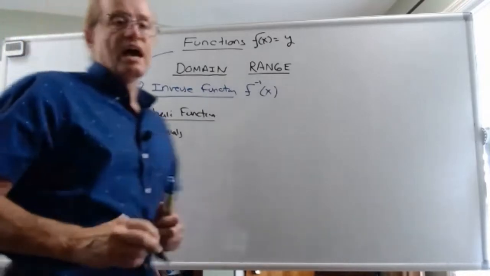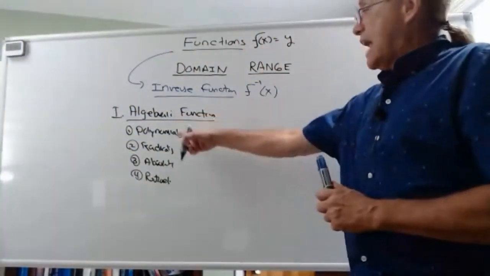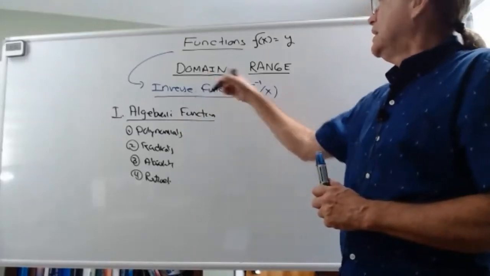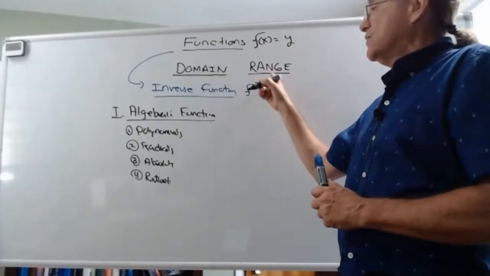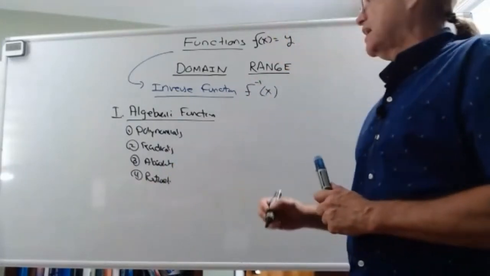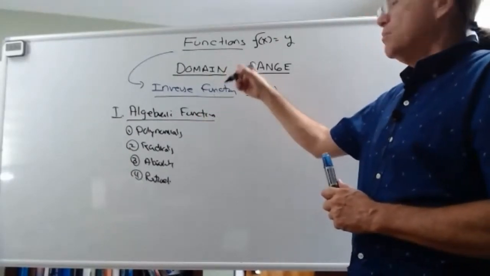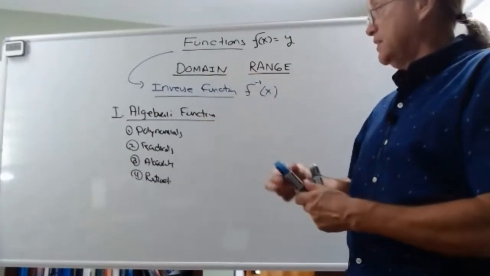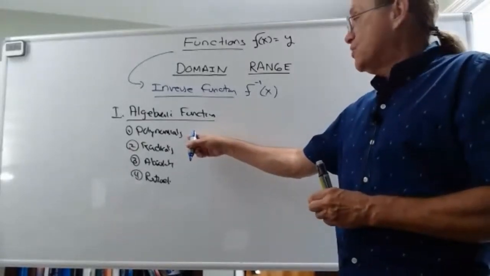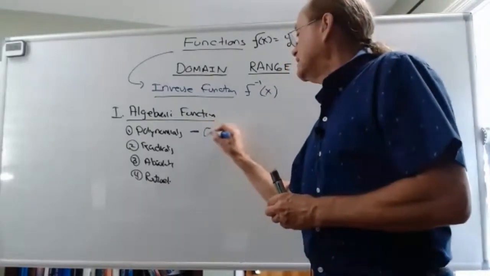Now, we're not going to define all their properties. This is our first look at functions. We're looking mainly at the domain and the range. The range is the y value, so we're looking at the graphs to give us an indication of that. And we're looking at different ways of finding these things, domain and range. For example, to find the range for the polynomials, if you had a quadratic, we had to introduce a technique called completing the square.